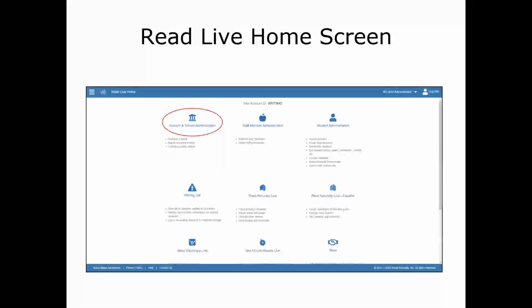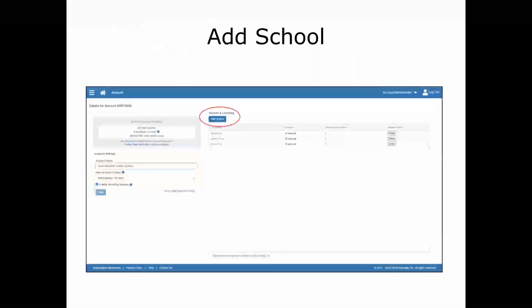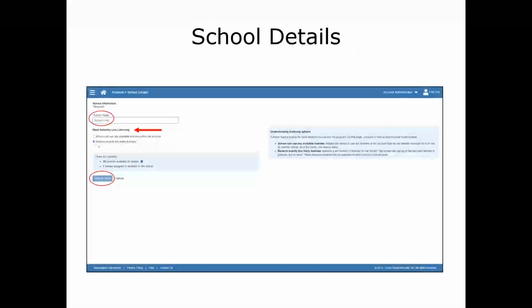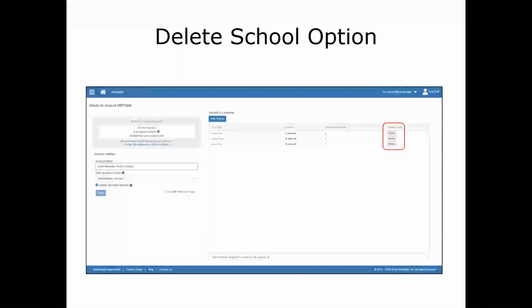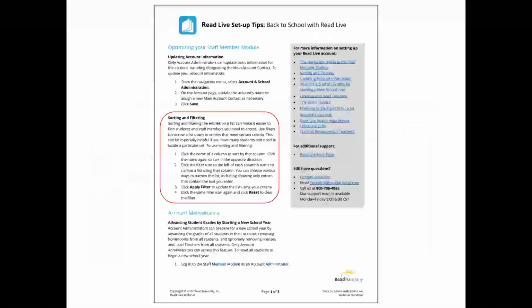We walked through this process by clicking on account administration. I showed you where you can change names, where you can add schools, where you can decide whether or not schools have access to all licenses or just the ones assigned to them. You can delete schools. We also talked through sorting and filtering.